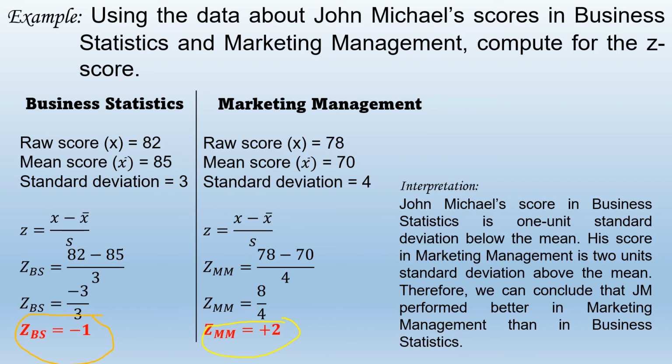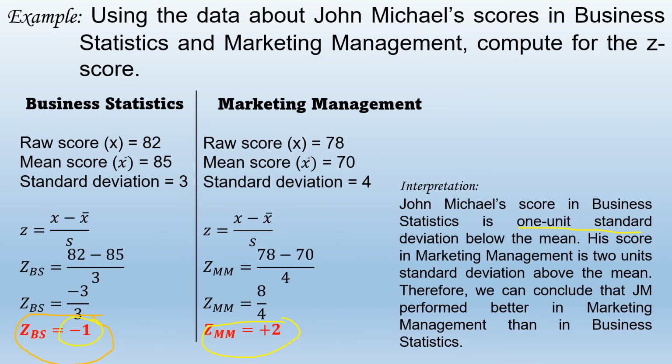Now, let's go to the interpretation. For business statistics in this example, we got -1, and for marketing management, +2. Now, the interpretation: John Michael's score in business statistics is 1 standard deviation below the mean, because it is -1.